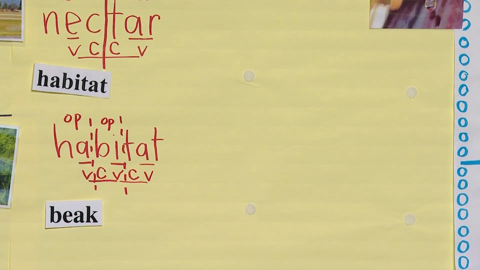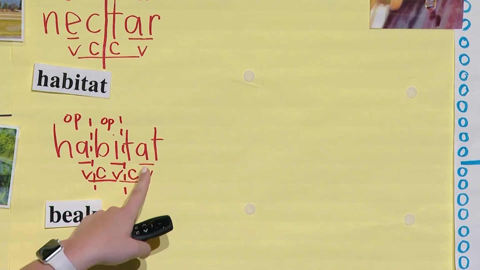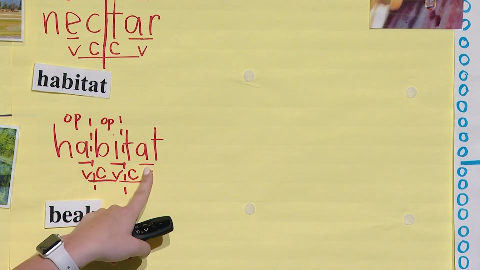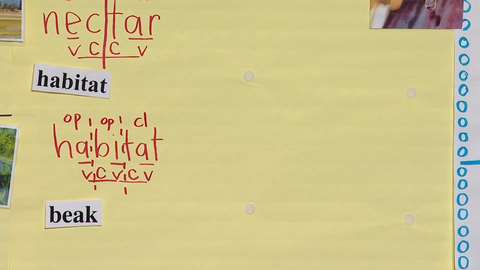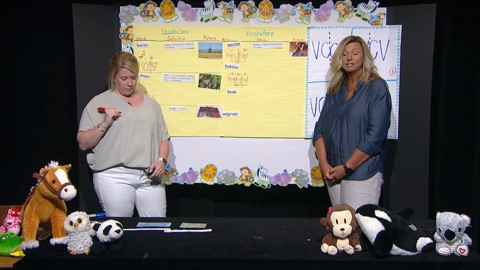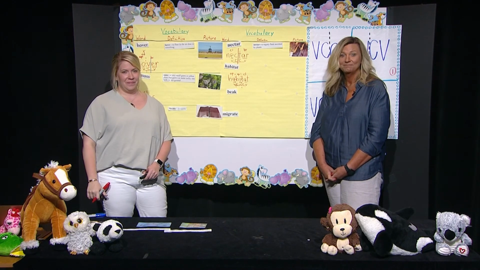They will both make a long sound. Now the third syllable ends in a consonant. So what do we know about that? Right, it will make a short sound. So I'm going to label it CL for closed, and that will make a short sound when we blend. You've got it. We need to label this syllable as closed because it ends with the consonant and the vowel sound will be short.